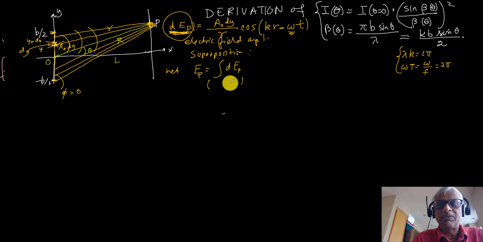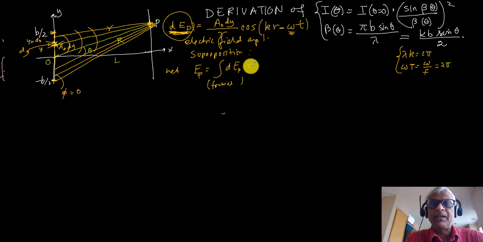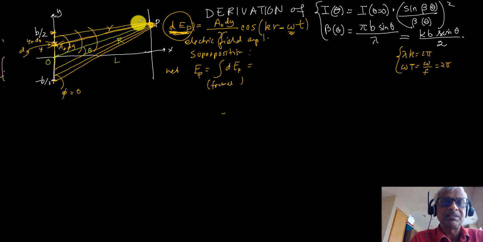This is like a formal integral, so I integrate over this to get it, but this actually means I integrate over y along the different places. And you can see that where is y in here? If I integrate y, just comes out, right? So if you look at this r, point P is fixed, so depending on y, this r value is different, right? So this actually is a function of y, r is a function of y.